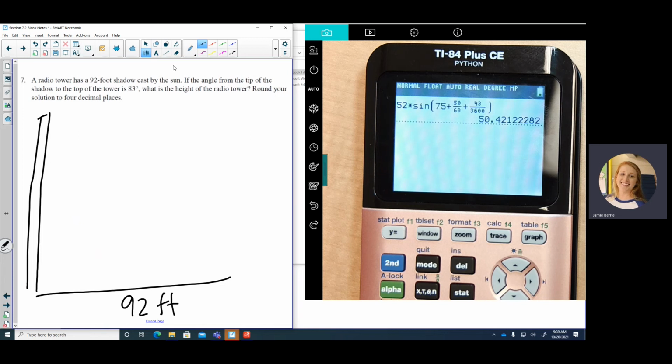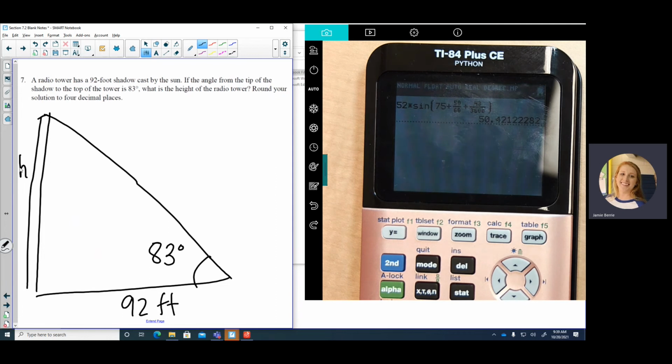And if the angle from the tip of the shadow, that would be down here on the right, to the top of the tower is 83 degrees. So that angle is 83 degrees. What is the height of the radio tower? Again, we'll do H for height. This time we have the angle, the adjacent, and the hypotenuse.